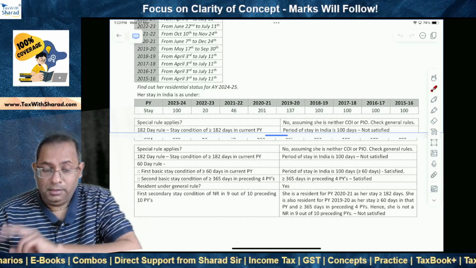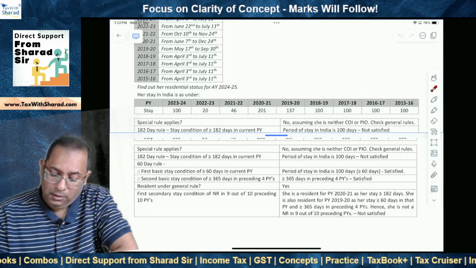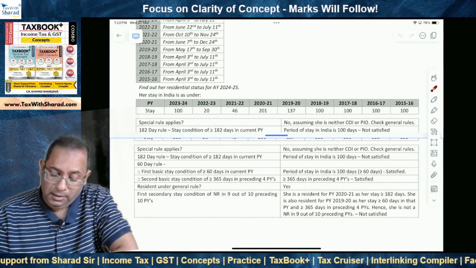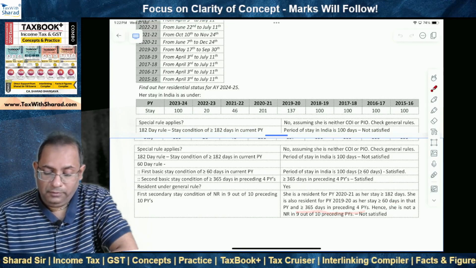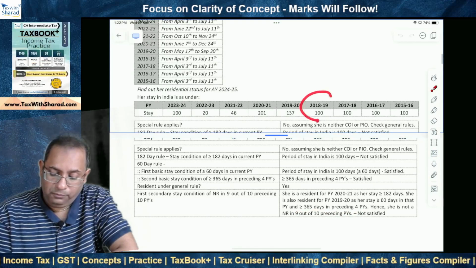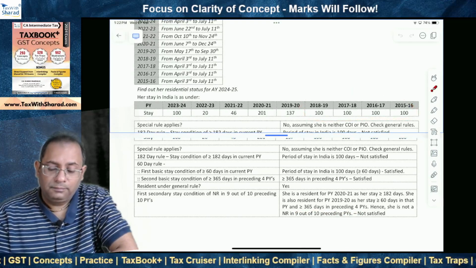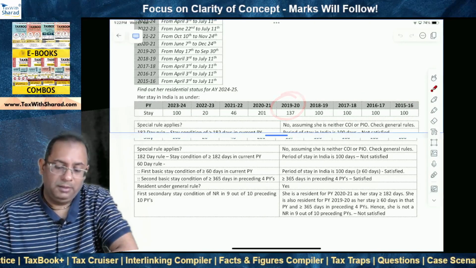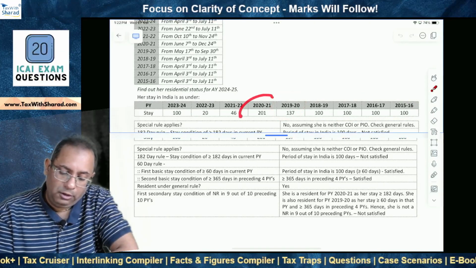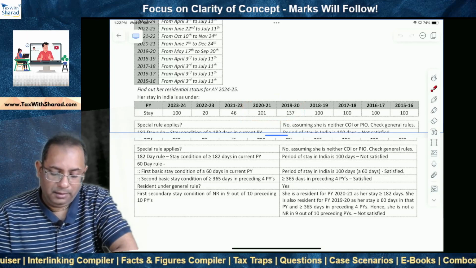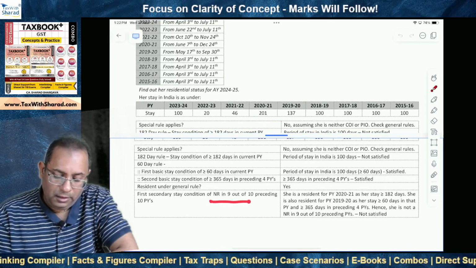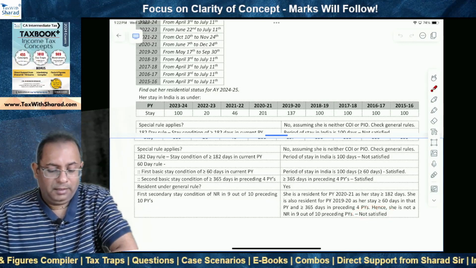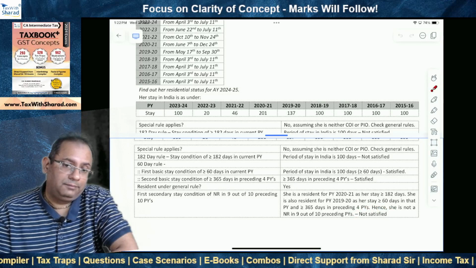Now we are checking the 60-day rule. Her stay is 60 days or more in that previous year and 365 days or more in the preceding 4 previous years, which is 400. That means for previous year 2019-20 also she becomes a resident. So for these 2 previous years she has become a resident. That means she is not a non-resident in 9 out of 10 preceding previous years. So this first secondary stay condition is not satisfied.